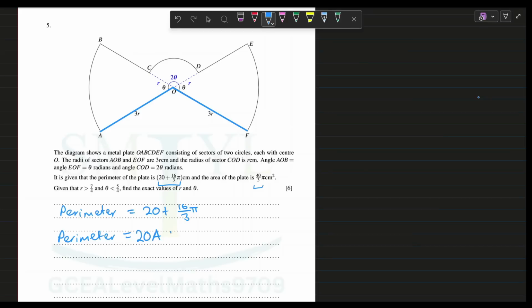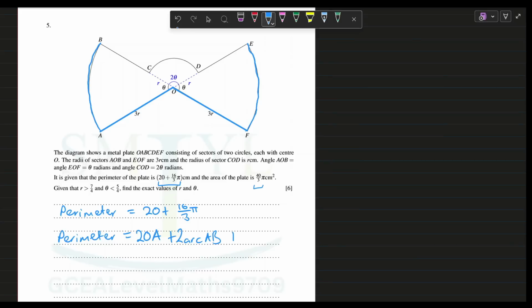And then we've also got the arc AB, which is this arc here. And notice how this arc is also going to be the same as the arc FE or EF, if you will. So I can just write 2 times arc AB as well.